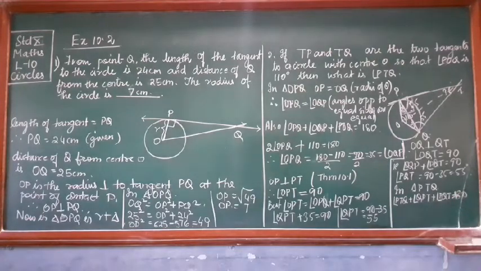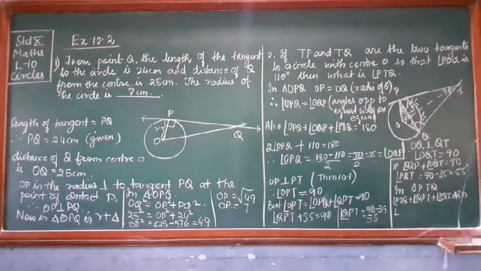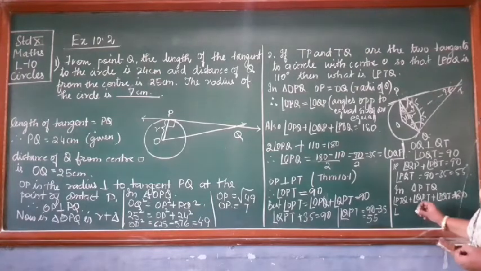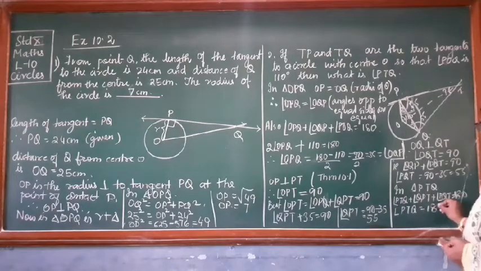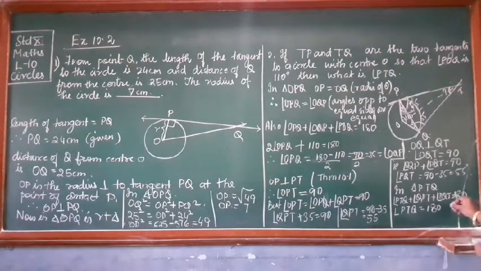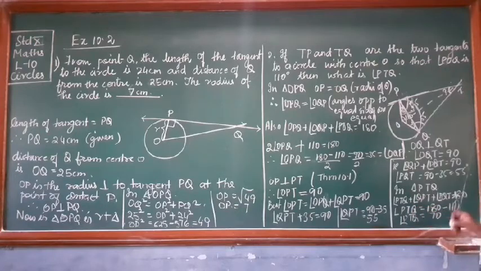This is the angle sum property. ठीक है, तो इसमें हमें ये दोनों का वैल्यू पता है, 55 है. 55 plus 55 will be 110. So PTQ will be equal to 180 minus 110, that is equal to 70. So angle PTQ will be equal to 70.